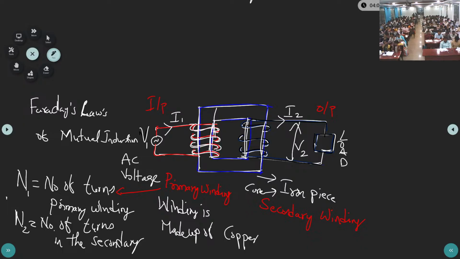So two windings are there, primary winding and secondary winding. The voltage available at the primary is V1, the current is I1. Secondary means output. How many turns are wound? Number of turns in the primary, N1. Number of turns in the secondary, N2.